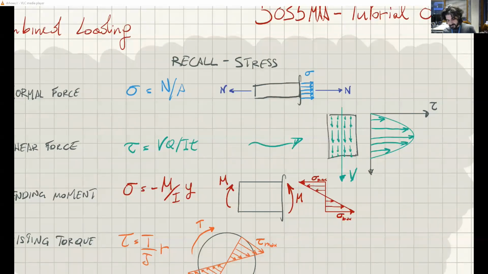On average, all these arrows are the same, but in reality, these arrows are 0 at the top and bottom edge, and they grow until they reach their maximum at the centroid, and then they start decreasing again until they reach 0 here, exactly like this distribution suggests.